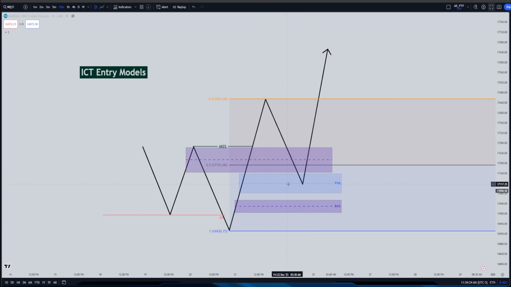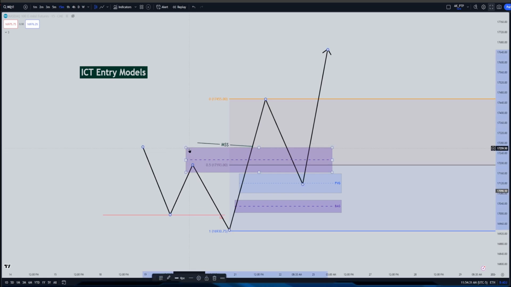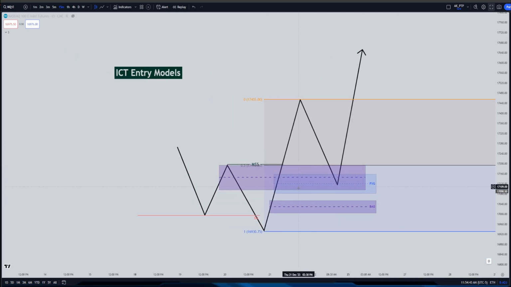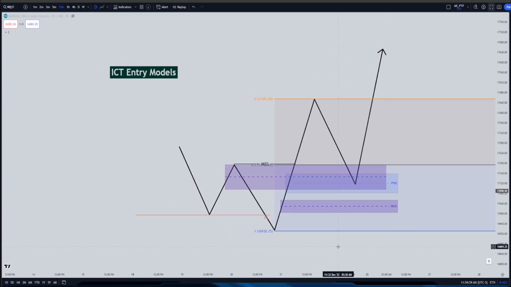In this case, of course it's not aligning because it's a drawing, but if the market structure shift looks something like this and that fair value gap, or part of it, is aligning with my OTZ, this is what I do. So in my strategy I have at least 2-3 ICT models combined together, and that happens most of the time.